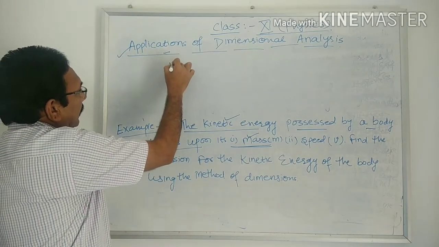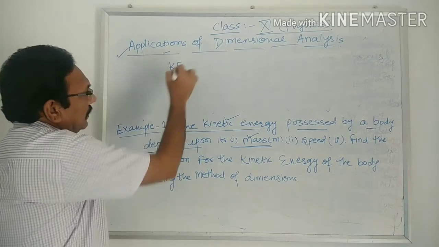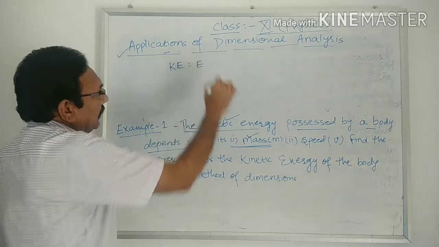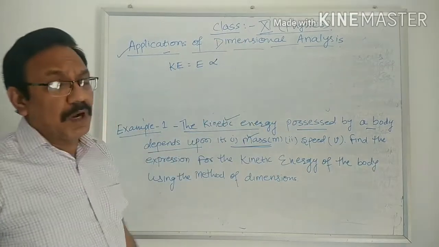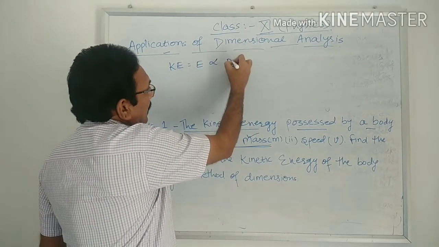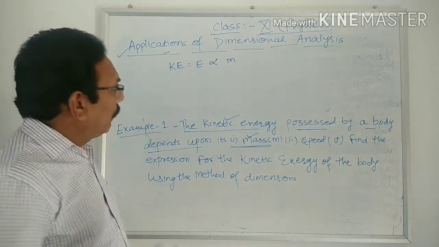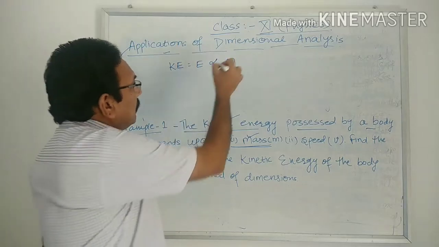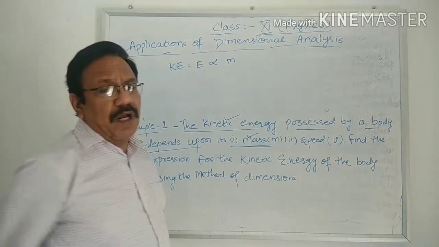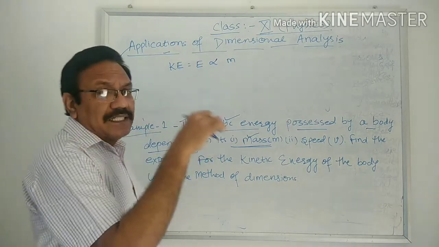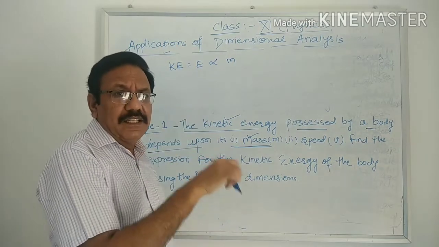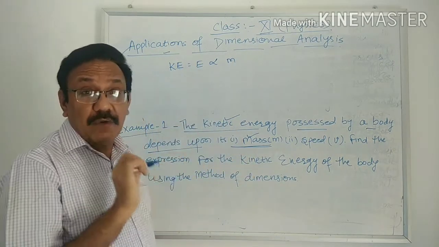So first we will write kinetic energy, and we can give it the symbol E. This E is directly proportional to mass. The symbol for the mass is M, and we don't know in which form the energy depends upon mass. It either depends linearly, or in second power, or inversely.